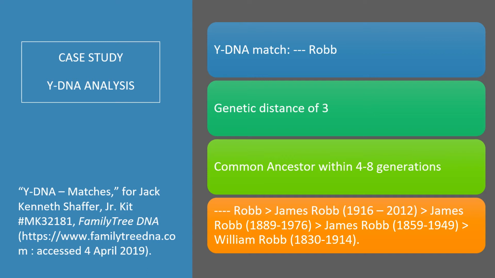Well, doing some initial work on that, I could see that this was not going to help us identify a father, because if the common ancestor was 4 to 8 generations back, it was probably even further than William Robb. And with this common surname, it would be really difficult to pinpoint exactly who a father could be for Jack Kenneth Schaefer.